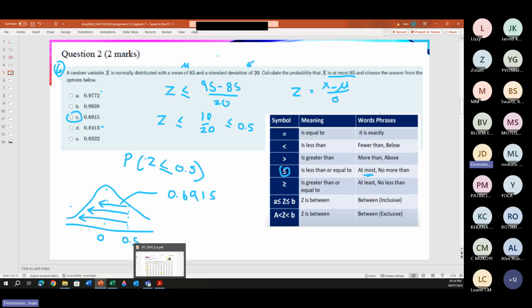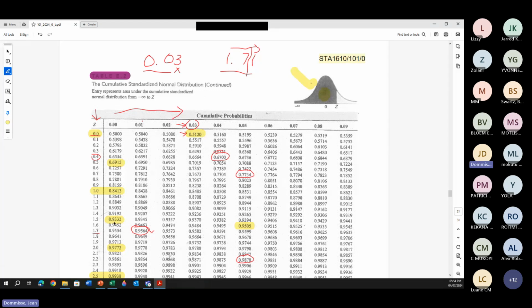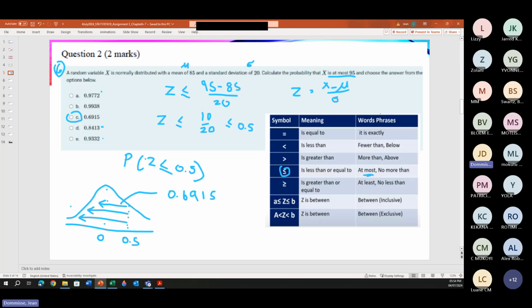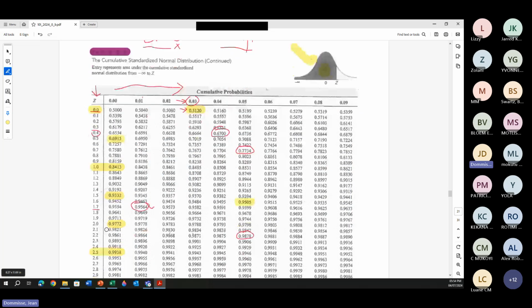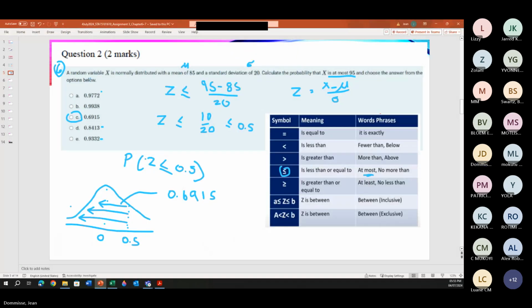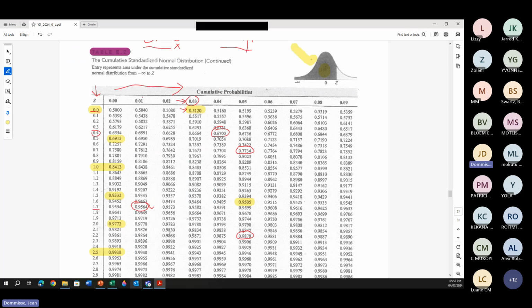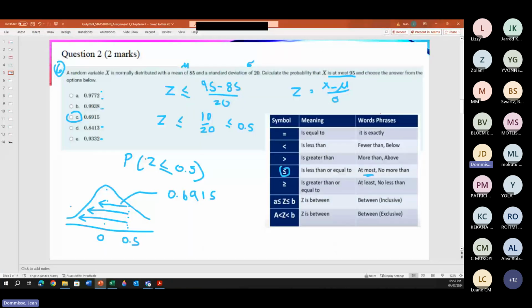If we have a Z as 1.5, 0.9332. So you can see there is nearly going to be a pattern for you in the different assignments. If we get to Z2, 0.9772, and then lastly probably Z2.5, 0.9938.